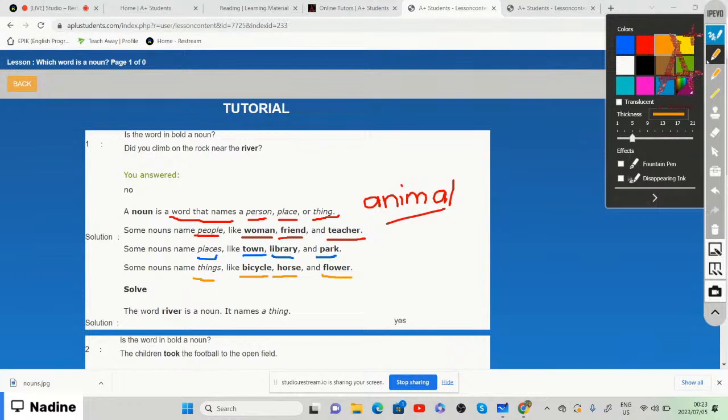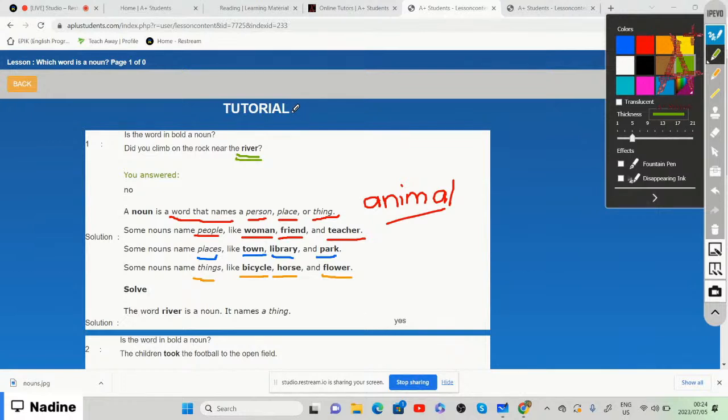If we look at our first question: did you climb on the rocks near the river? It says, is the word in bold a noun? River. They want to know if the word in bold is a noun. We need to say if river is a noun.